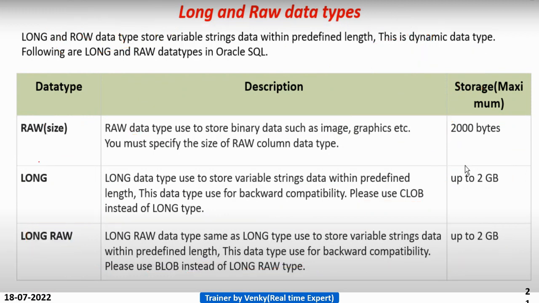Clear, guys? To store character data, what data types do we have? First is CHAR to store string data. How many bytes, guys? 2000 bytes. Next, VARCHAR2.